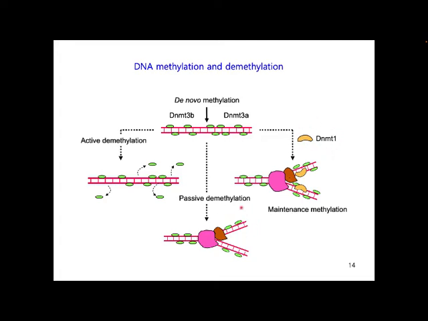In a certain cell, if the DNMT1 activity is diminished, then the passive demethylation is higher than the maintenance of methylation. And there is also the mode of active demethylation. So DNA demethylases recognize the methylated site and actively erase the methylated regions, which we call active demethylation.